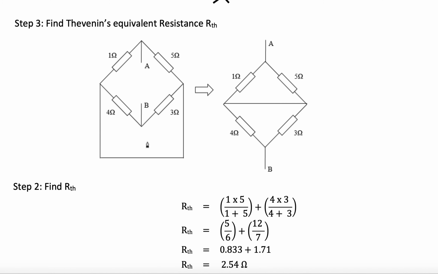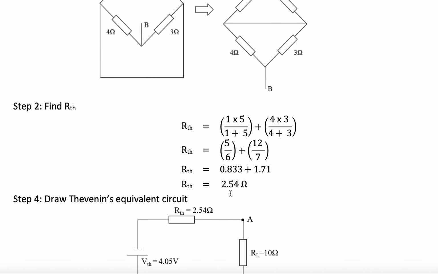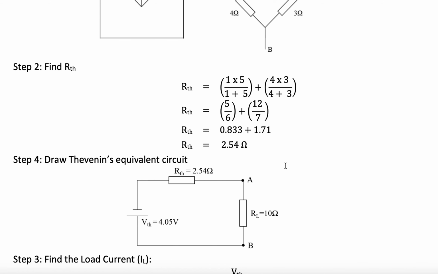RTH may be correct. Short circuit these terminals and find the resistance across these two. Once you short it, this is how it appears. Close these two, open these two. So these two are parallel and these two are parallel: 5 parallel 1, 4 parallel 3, and both are in series. So that is 5 by 6 plus 12 by 7, 2.54 is the RTH.